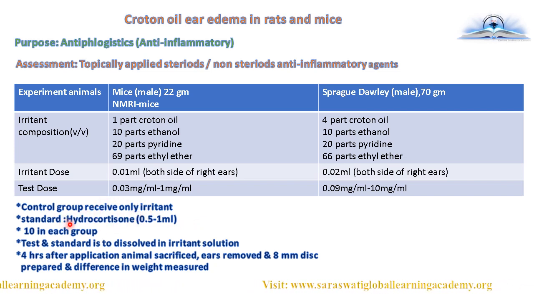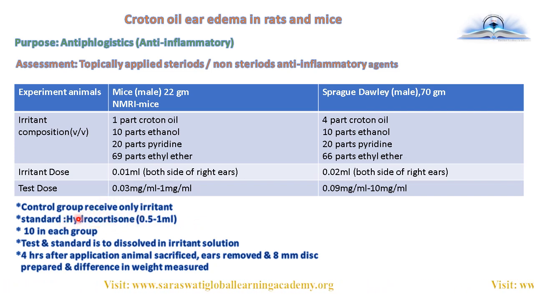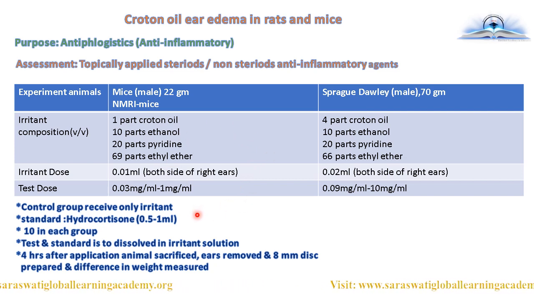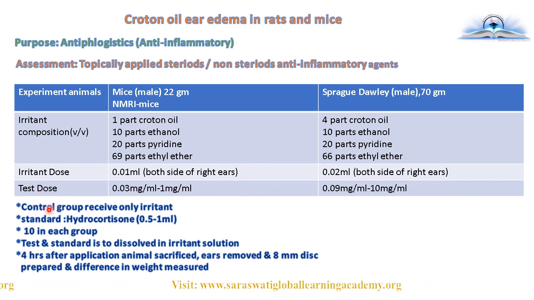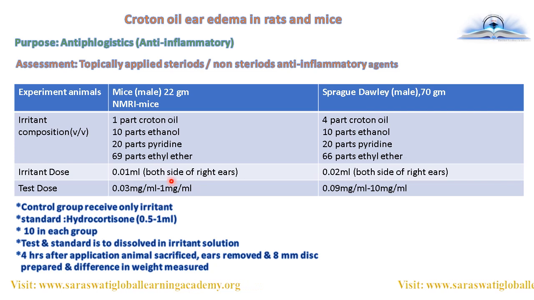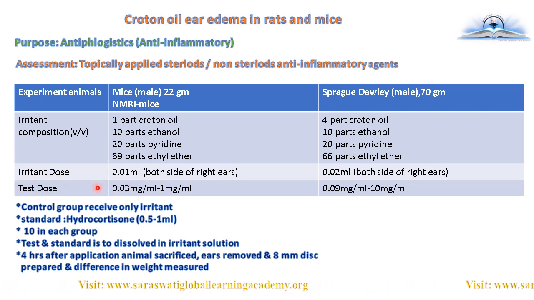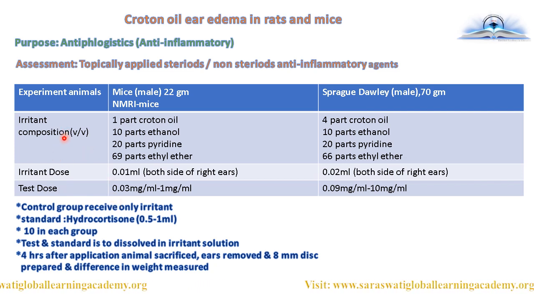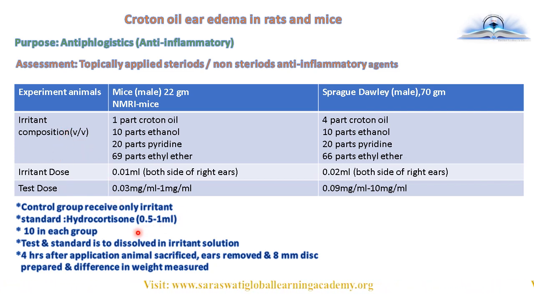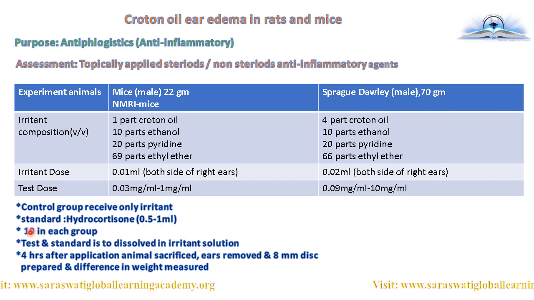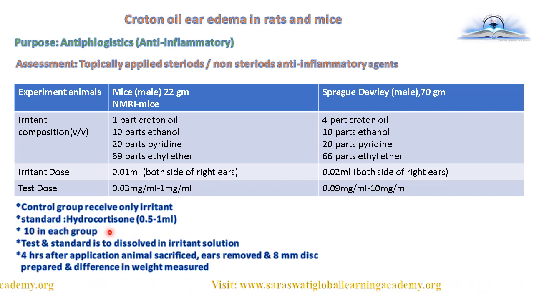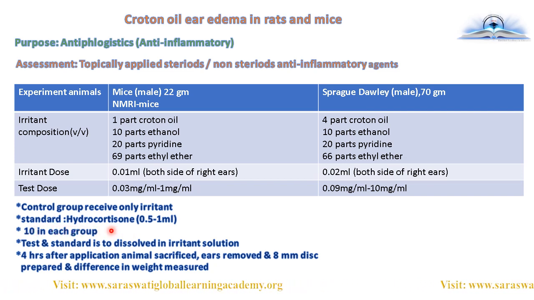So hydrocortisone has shown an effective response. So topically we have to use it. So the control group will receive only the irritant. Now in order to prepare the test substance, we have to dissolve the test substance in the irritant solution.